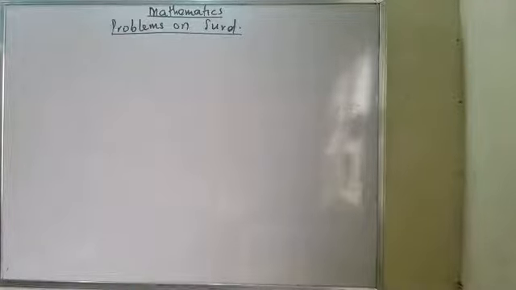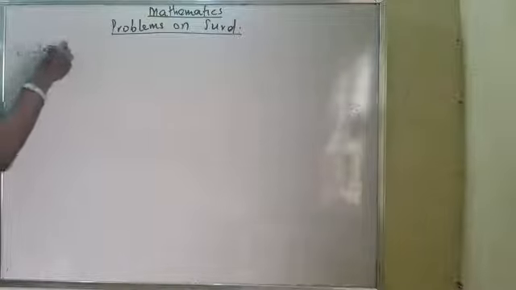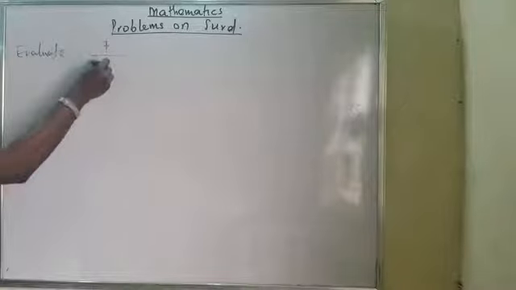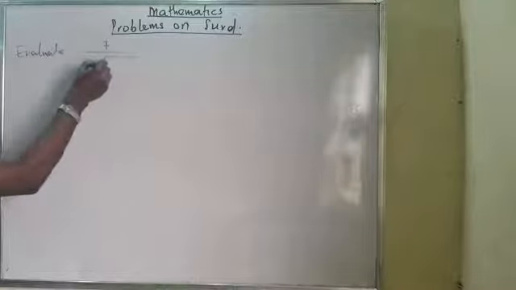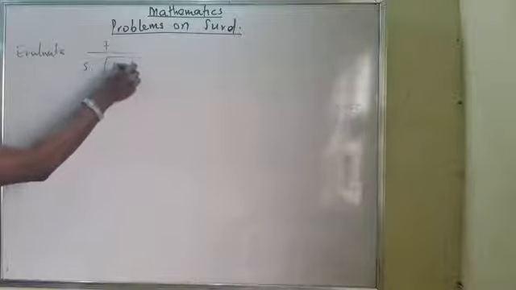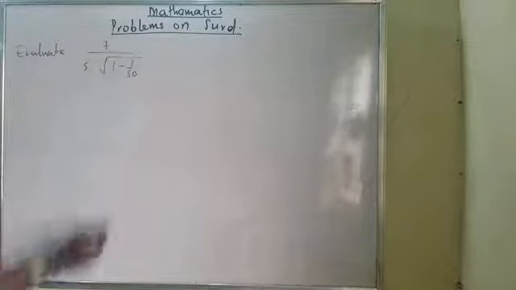Another problem is being shared and it was sent from one of my students, and you are asked to evaluate 7, 5 root of 1 minus 1, all over 50.